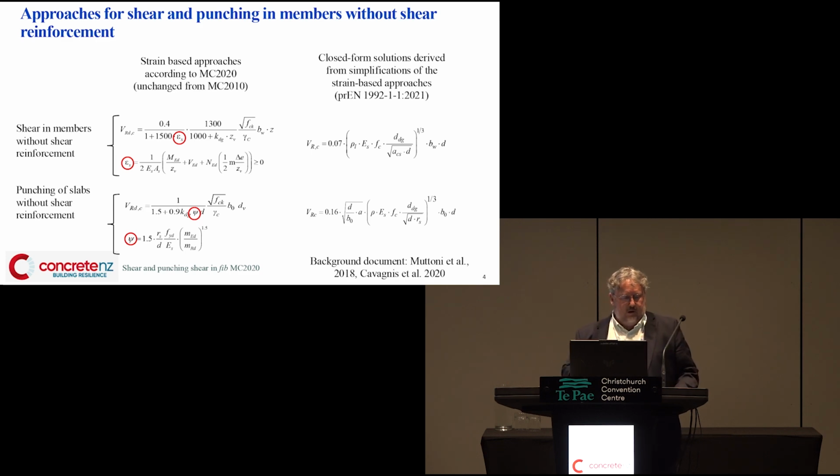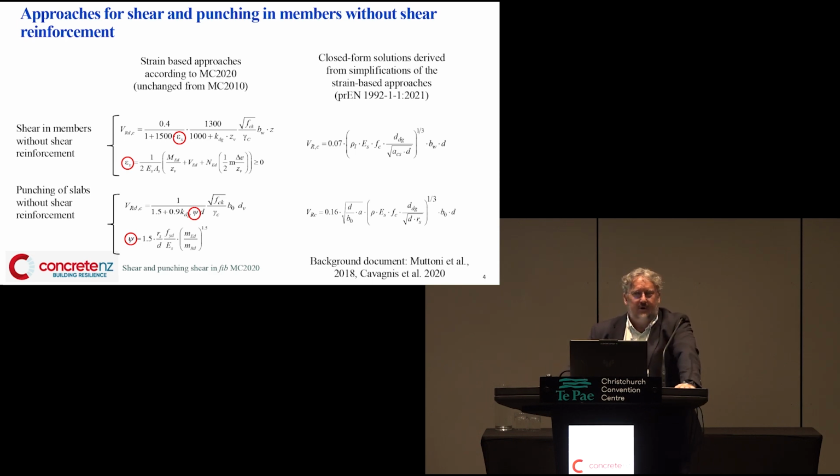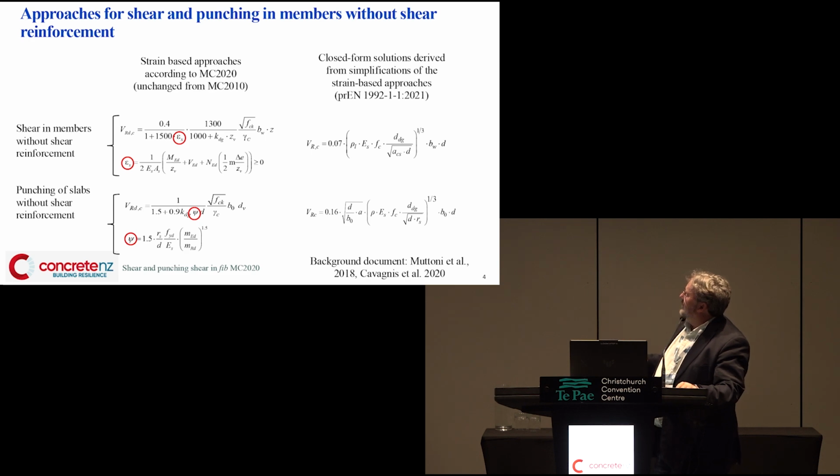Europe recently updated their Eurocodes, and you'll see that they don't use a strain-based approach. They use an equation here, which interestingly, and I can only relay stories because I wasn't at the table, but people are uncomfortable when they change an equation so that it doesn't look like the old equation. So the equation is manipulated to look like the old shear equation, so you've got this power of 1/3, even the a and the d, but when you dive down much deeper, the a here is not the shear span, it's something completely different.